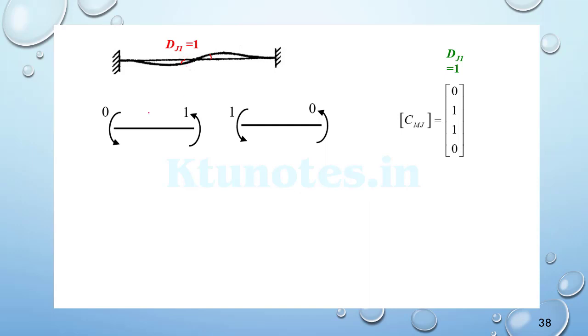So on the application of this, the values will be 0 here, 1 here, 1 here, 1 here. So the rotations will be 1 at this point and 1 at this point, and 0 at the left and right supports. So the CMJ will be 0, 1, 1, 0, and DJ1 is equal to 1 due to the joint.